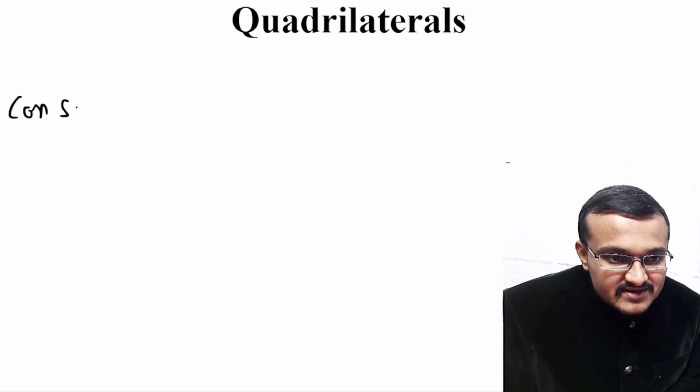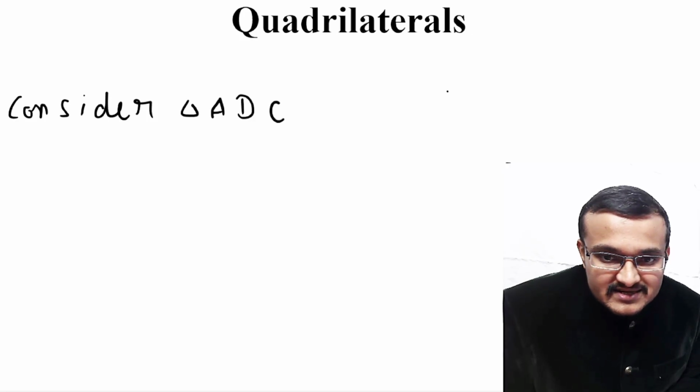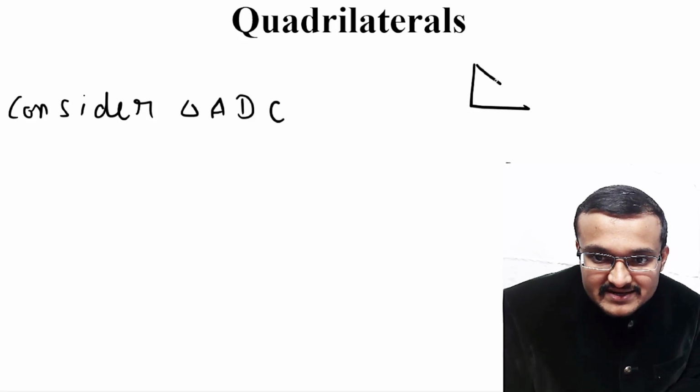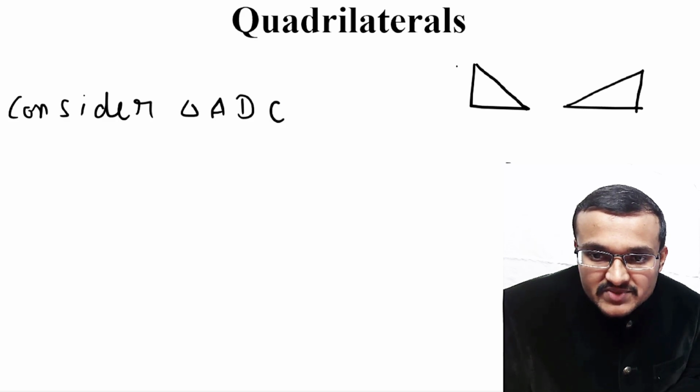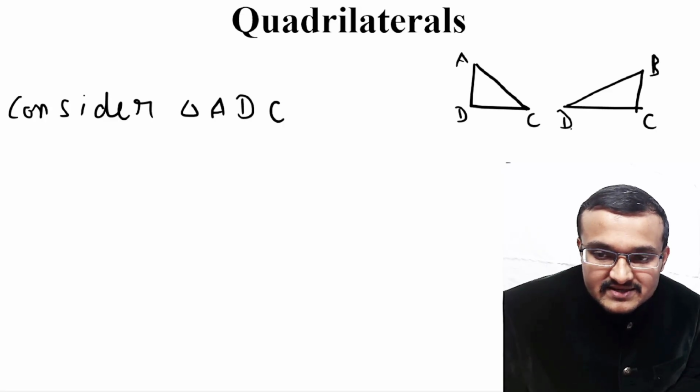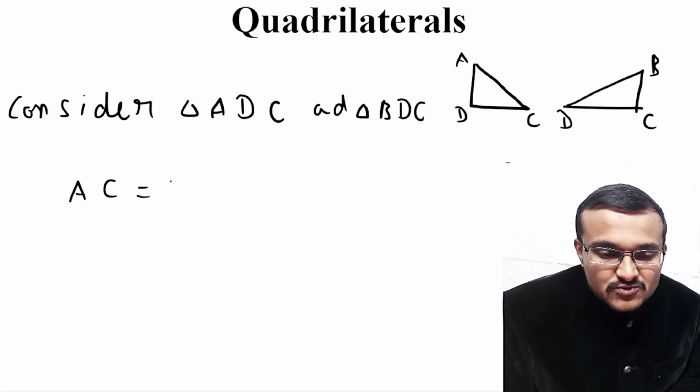Consider triangle ADC, this particular triangle ADC I am considering, and this is the BDC triangle. Consider triangle ADC and triangle BDC. In these two triangles, AC is equal to BD. They have already given this.